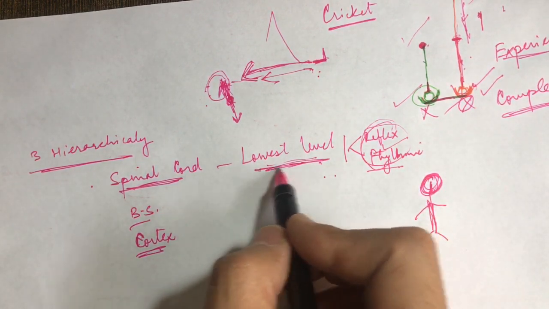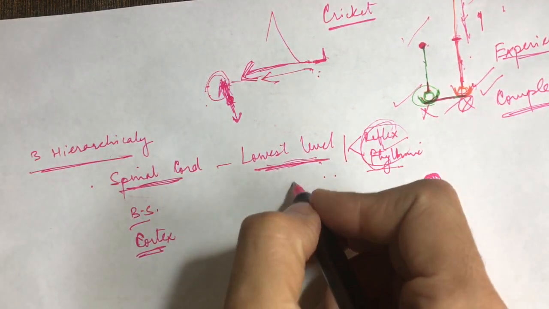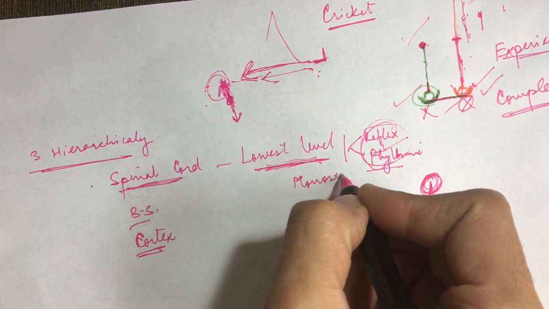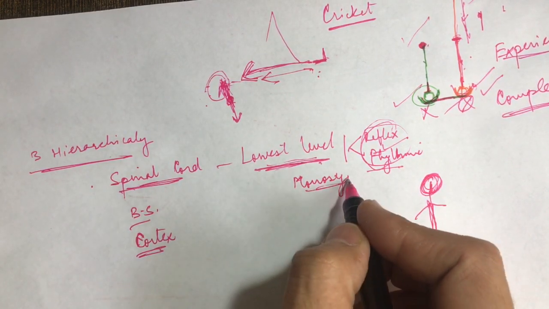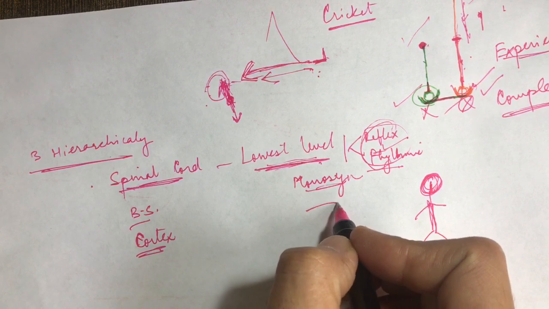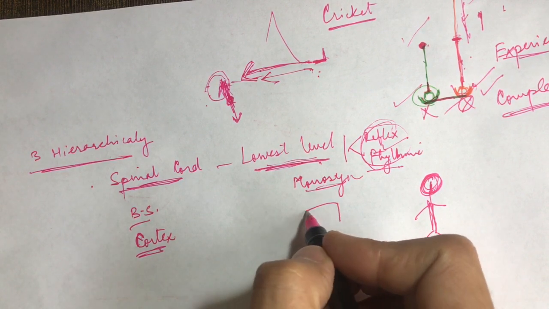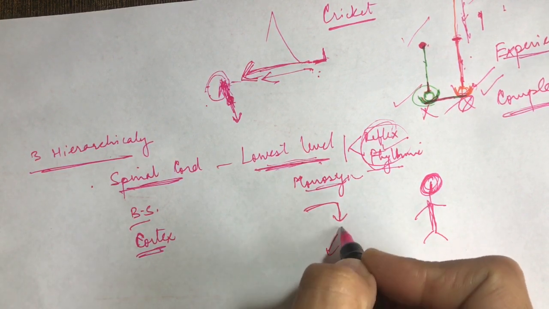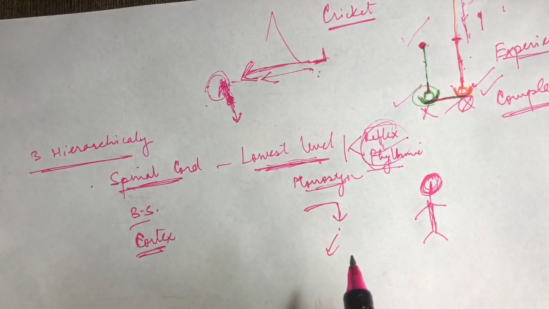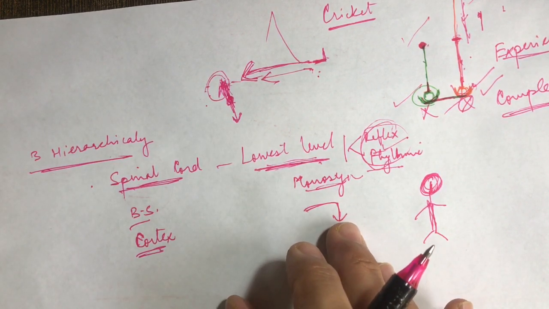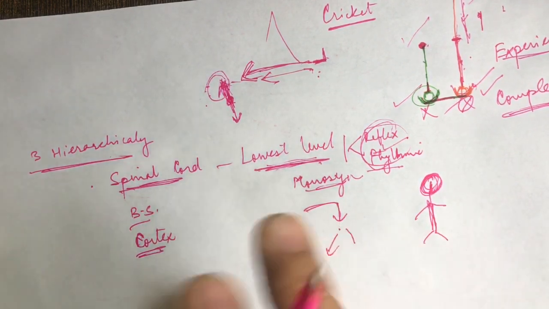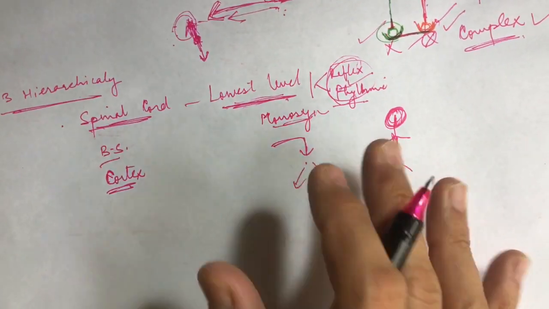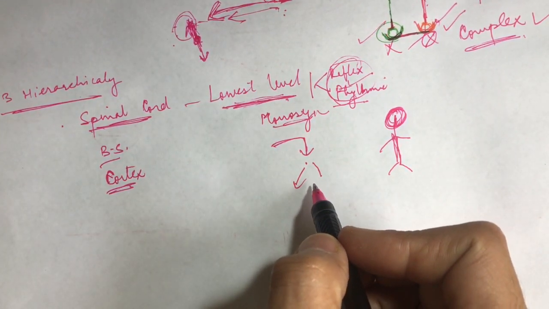So the simplest neural circuit we have read till now is the monosynaptic reflex, right? In this monosynaptic reflex, there was a primary sensory neuron synapsing with a motor neuron. But most of the reflexes are mediated by polysynaptic reflexes.